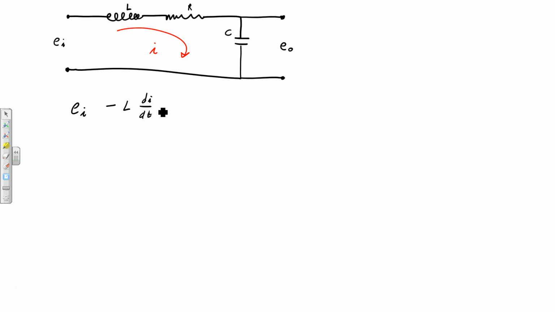You don't have to memorize that. It'll be in your equation sheet. Minus Ri, because there's a voltage drop across the resistor, and minus 1 over C integral i dt equals 0. Voltage drop across the capacitor.